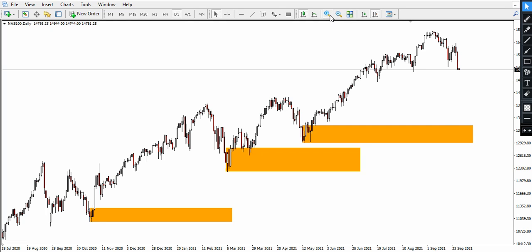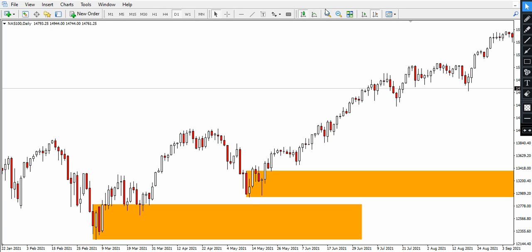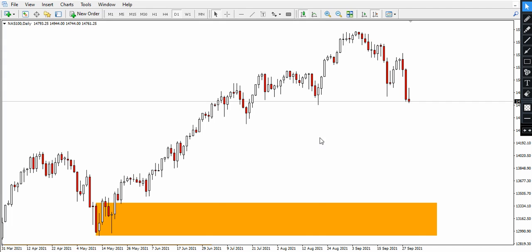All right. So now I'll zoom in just once to have a clear picture of what's happening. So we again have another order block which is not traded into right here. It is important to mark each and every order block because it is very much important.